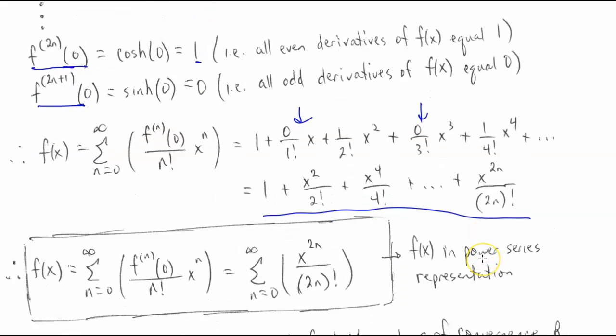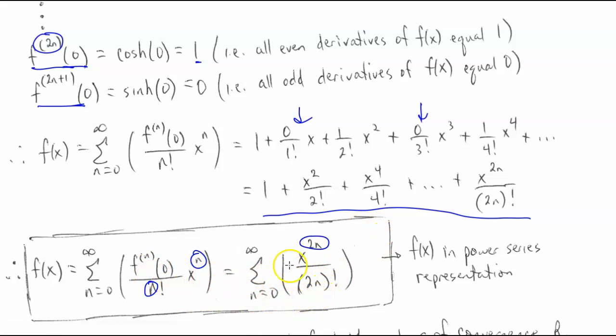And then of course, since we're only really dealing with the terms that have even powers, you'll notice this n is going to turn into a 2n, and this n factorial is going to turn into a 2n factorial.